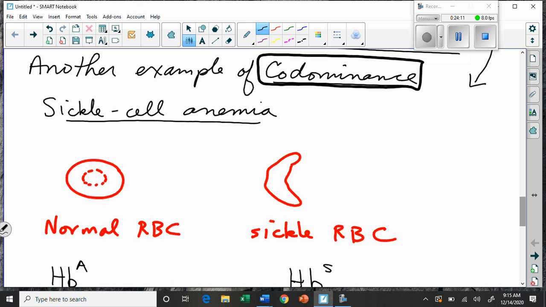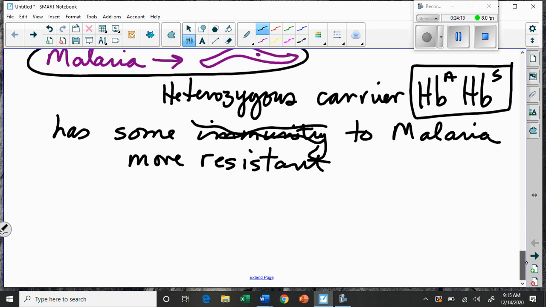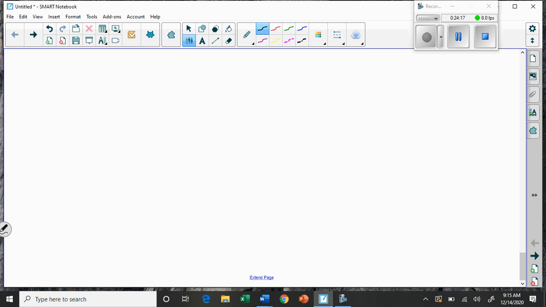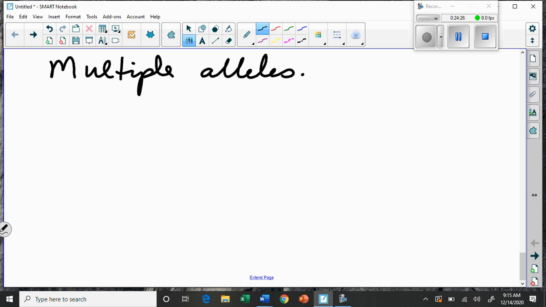Okay, one more thing to talk about, and that is the idea of multiple alleles. So far, we've seen that there are two forms of the alleles, and you have two of them. But it's possible to have more than two.